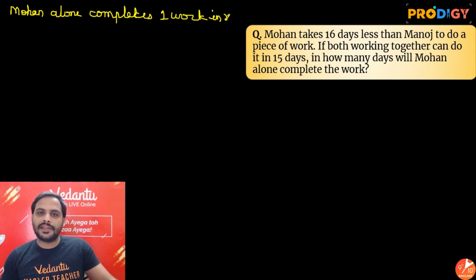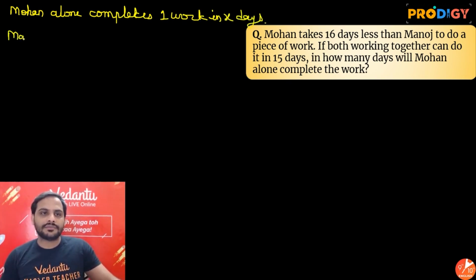We have to find out how many days Mohan alone completes the work. So let's take the number of days Mohan takes as x. Let's say Mohan alone completes one work in x days.